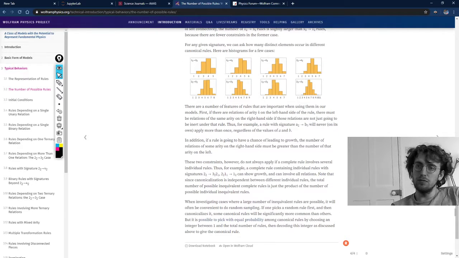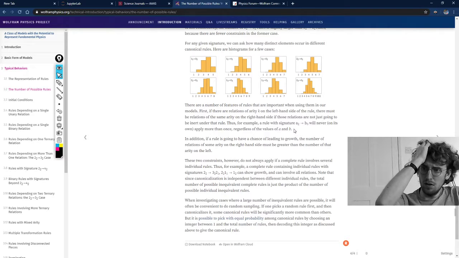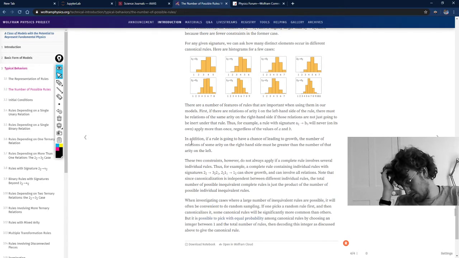The number of features of rules that are important when using them in our models. The arity must be matched. We've got to be creating lines. Still, we won't necessarily create new ones if we do it that way, but it's a condition.